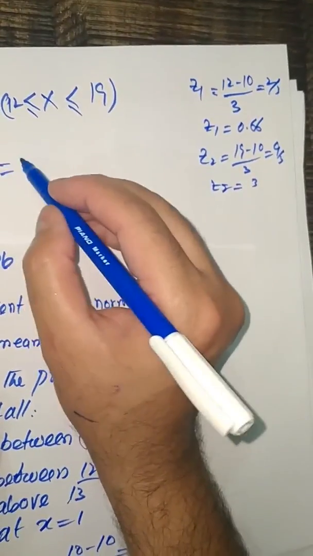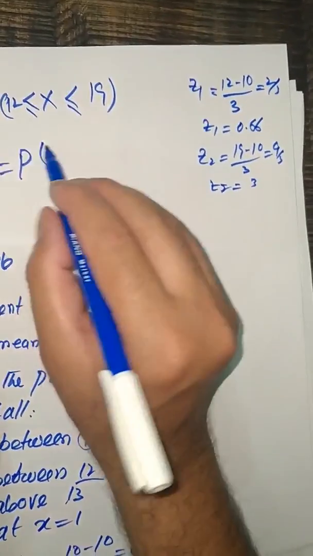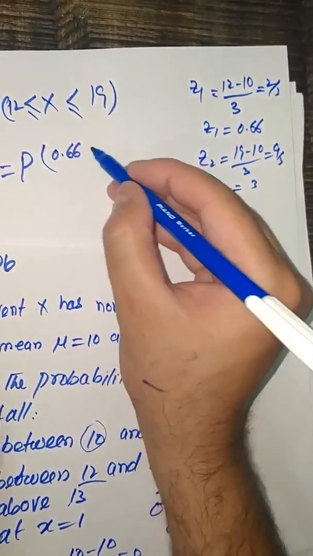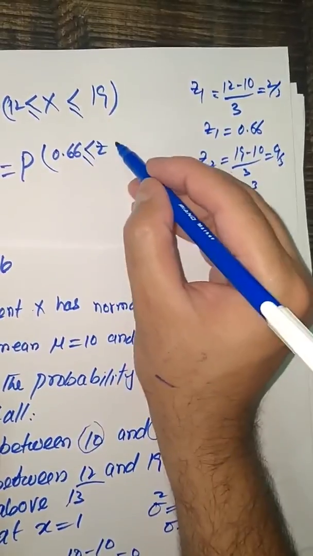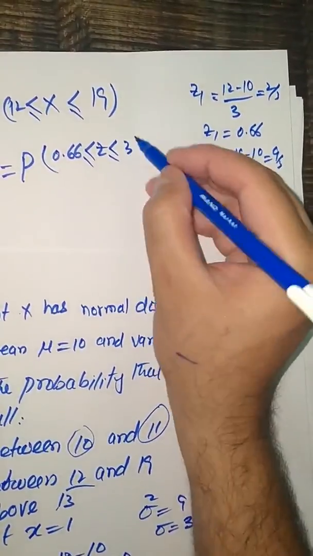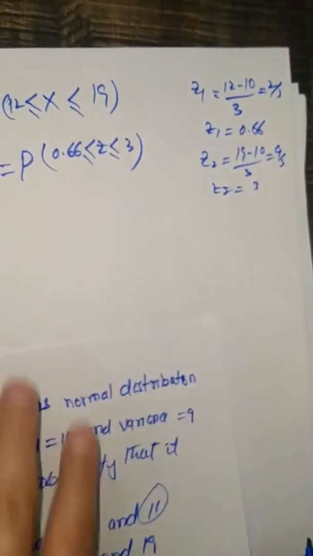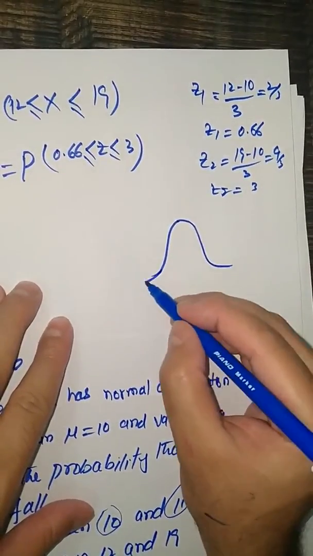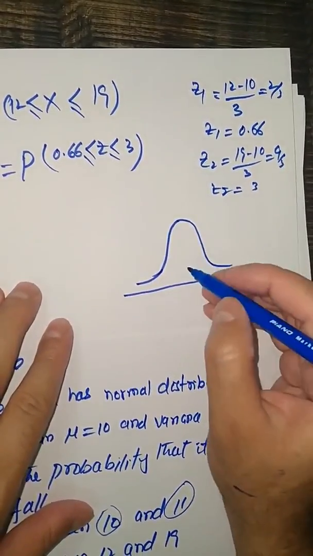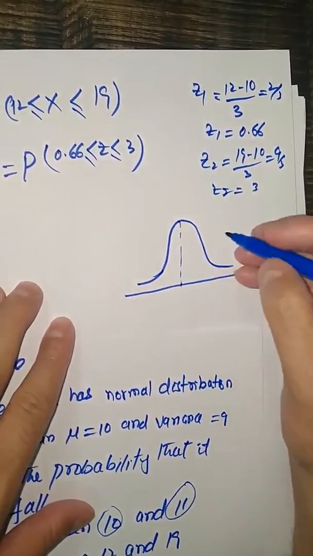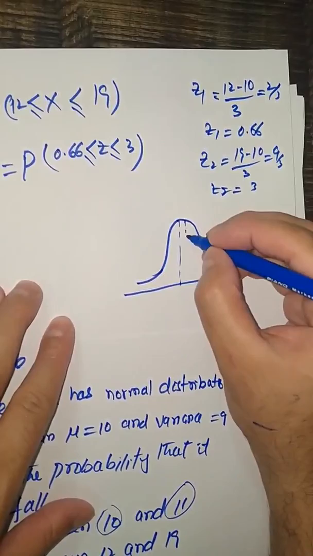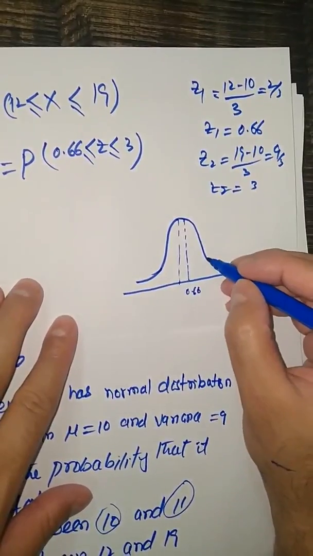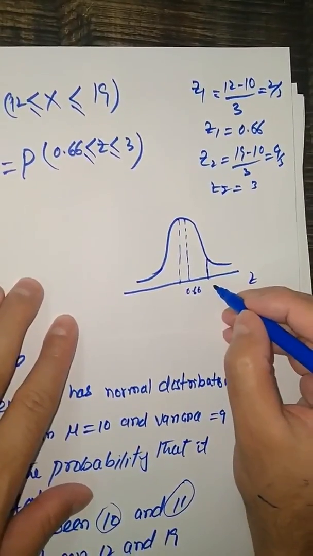So in this case, z is greater than or equal to 0.666, and less than or equal to 3. If we look at the standard normal distribution, here is the value 0.666, and here is z is equal to 3.